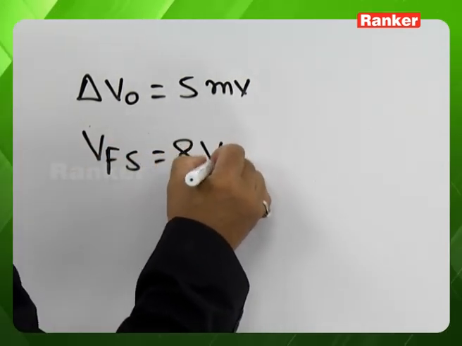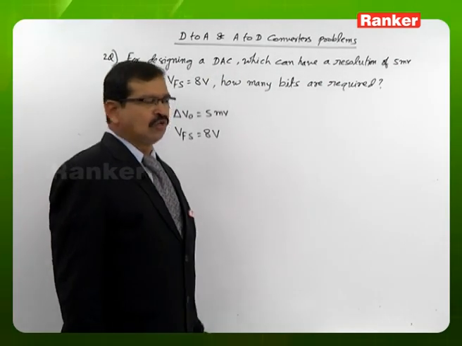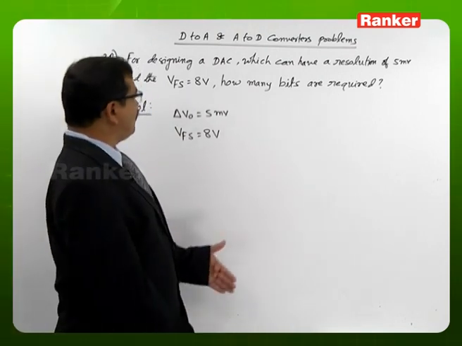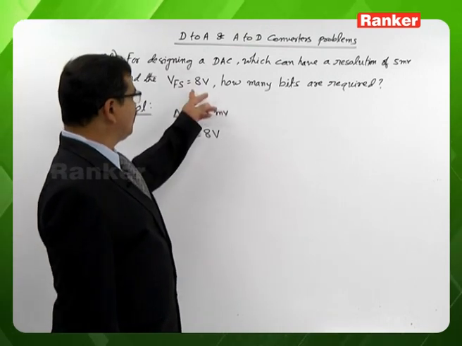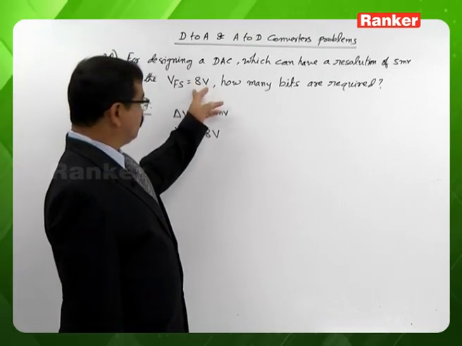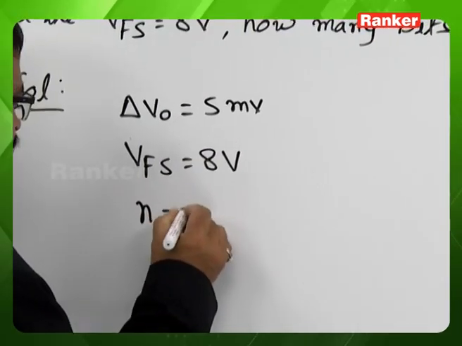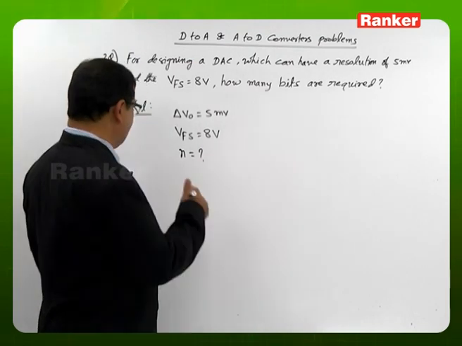The digital to analog converter is having a full scale output voltage of 8 volts. The full scale output voltage is nothing but, whenever all the input bits are 1, the equivalent analog output voltage is 8 volts. Then the question is, how many input digital bits are required for this digital to analog converter?